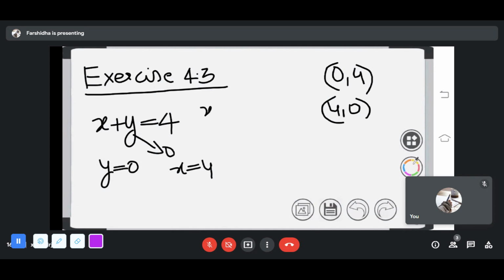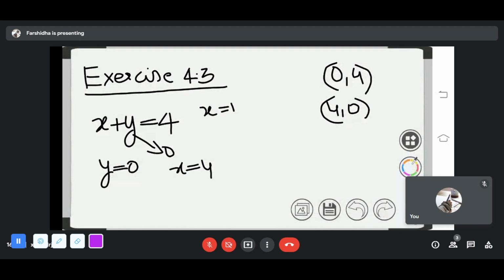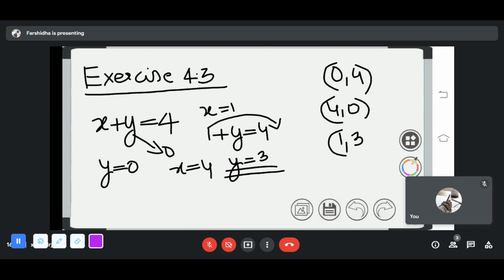Now I am taking x is equal to 1. So what is the value of y? Putting 1 instead of x, 1 plus y is equal to 4. Therefore, y is equal to 4 minus 1, which is 3. So your next point is (1, 3). Now you got 3 points.